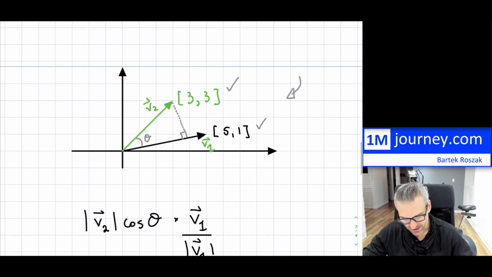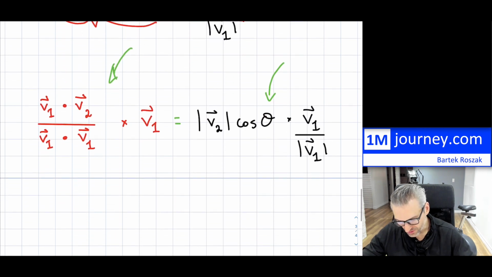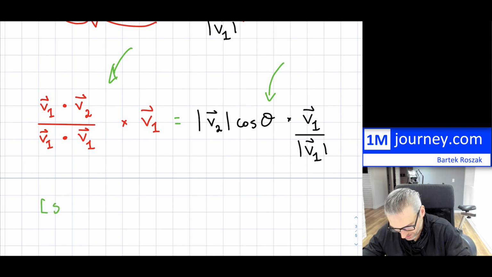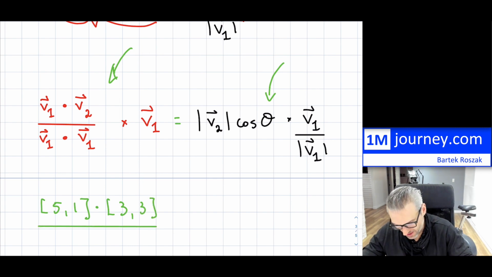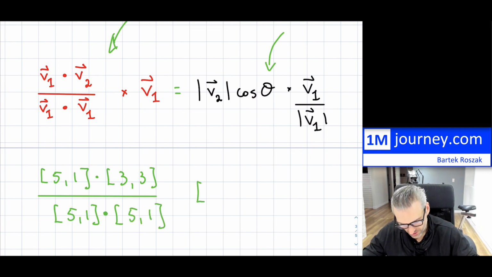So I'm going to take (3, 3) and (5, 1) as my vectors. So this is going to be (5, 1) dotted with (3, 3), which was my v2, divided by (5, 1) dotted with itself, and then the actual vector is still (5, 1).